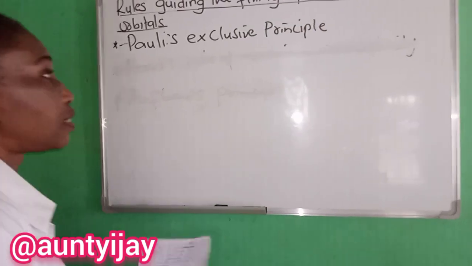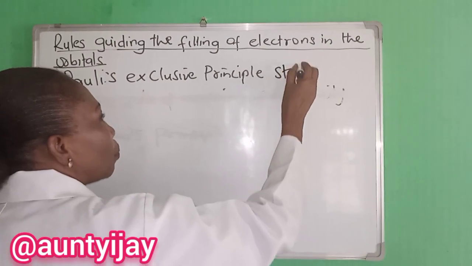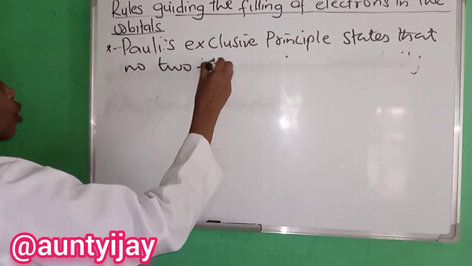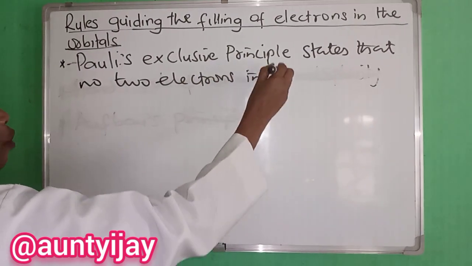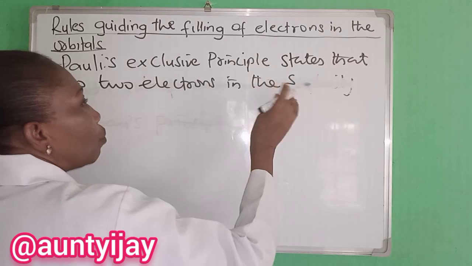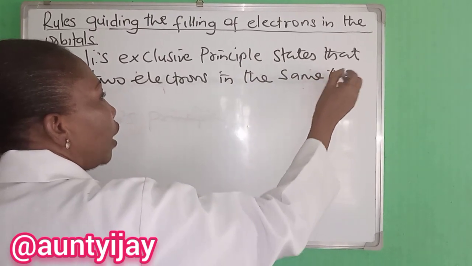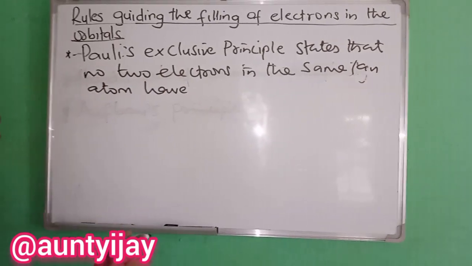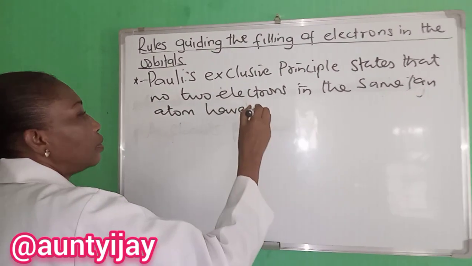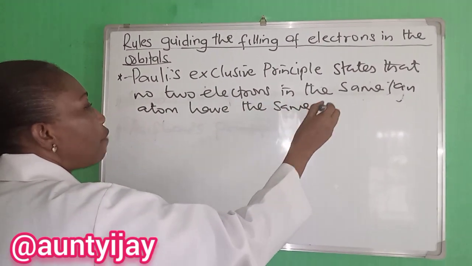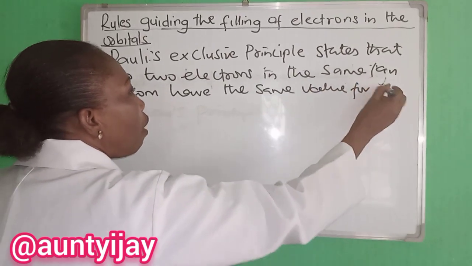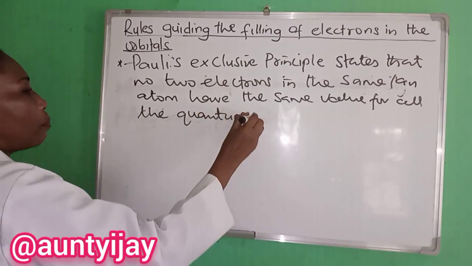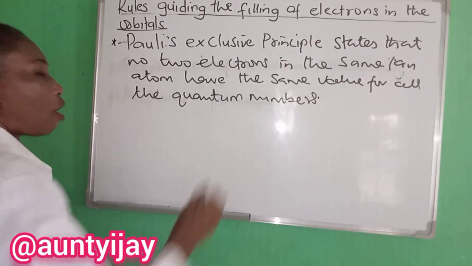The principle states that no two electrons in the same atom have the same value for all the quantum numbers.